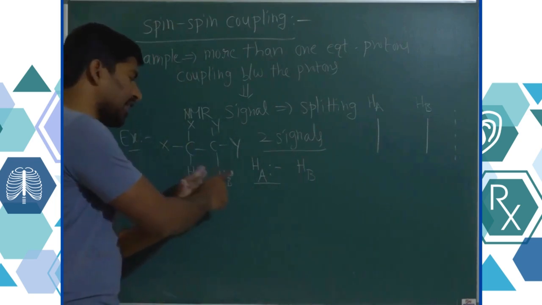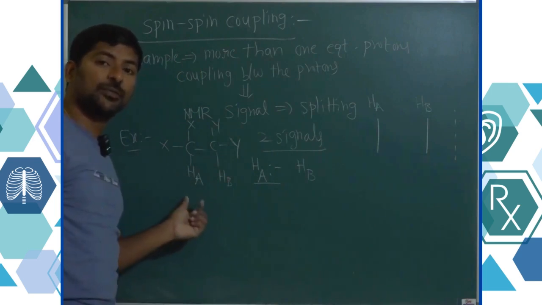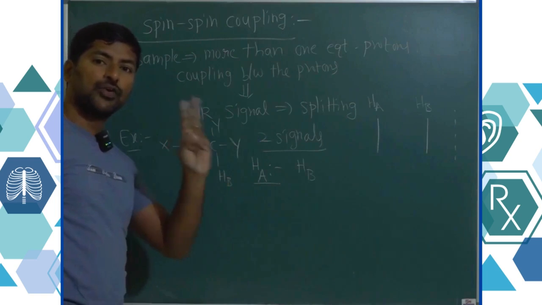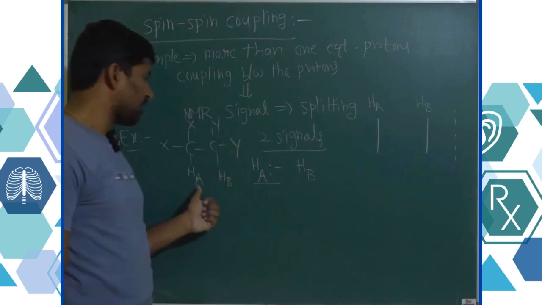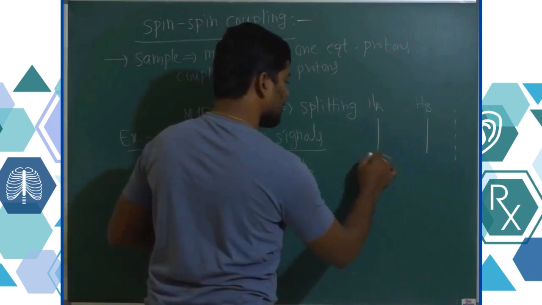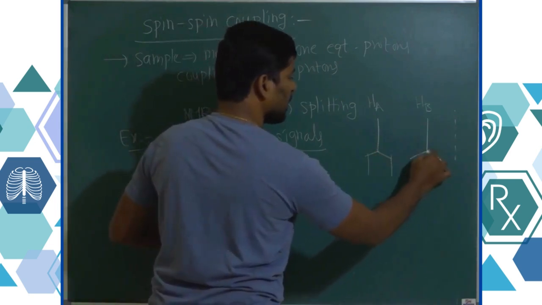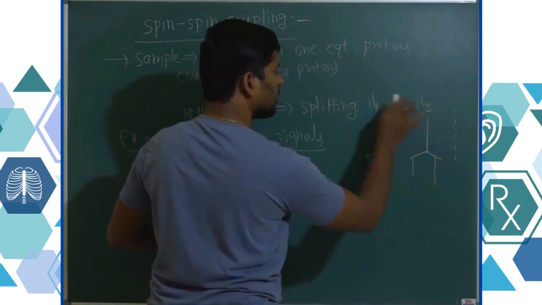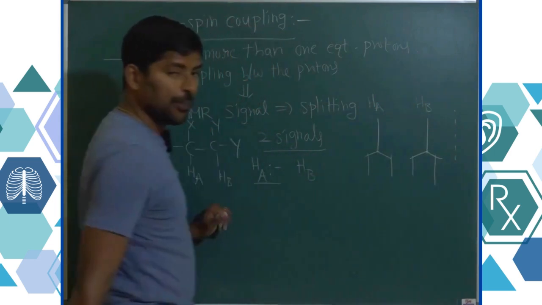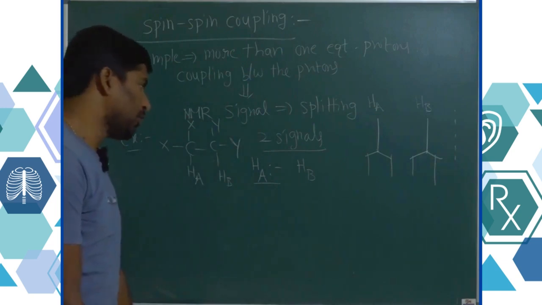While HA interacts with HB, it experiences two different magnetic fields. That's why the signal for HA splits into two lines. Similarly, HB experiences two different magnetic fields from HA, so the HB signal also splits into two lines.